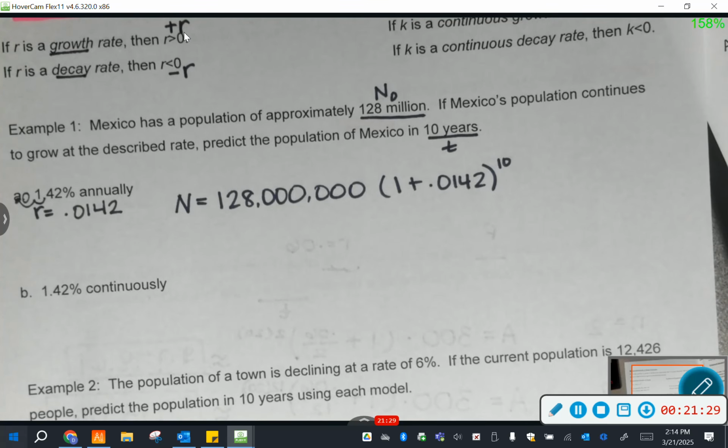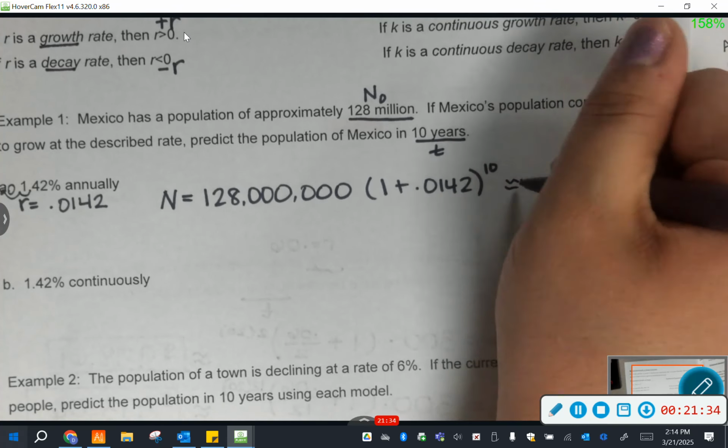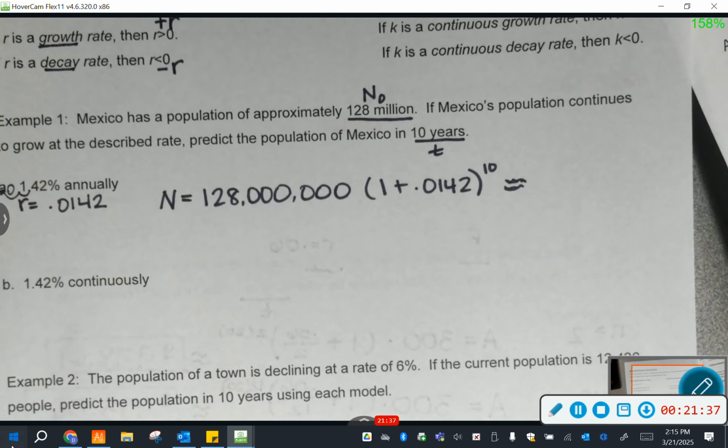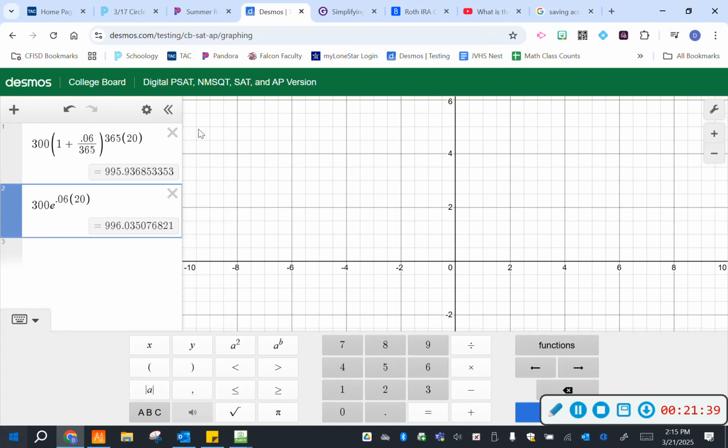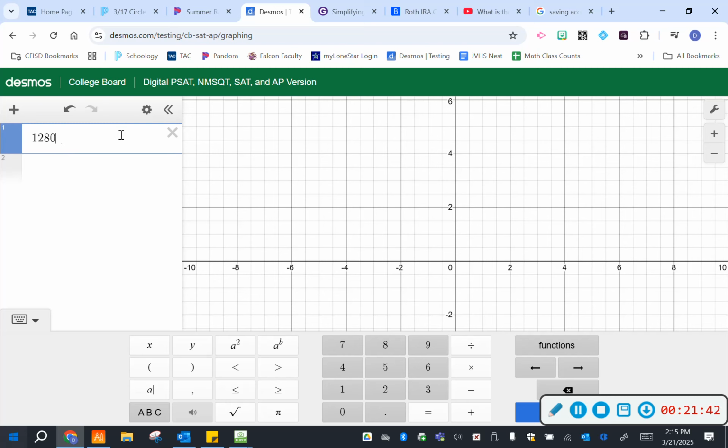I am not giving you the formula. And then if I put this in the calculator, 128 million times 1 plus 0.0142, raised to the 10, I get 147,382,538 people.